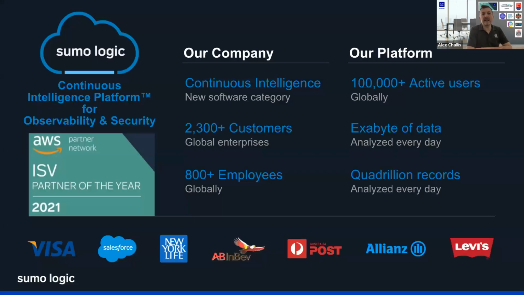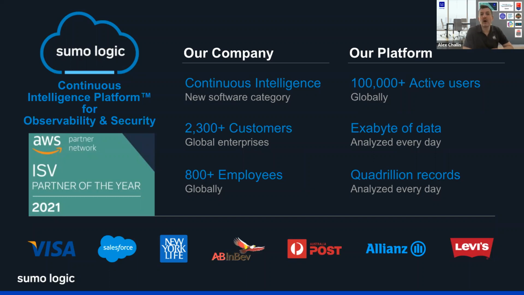So just very quickly, let me begin with a quick overview of who we are. We are Sumo Logic, and we've built a continuous intelligence platform for both observability and security. Our customers are analyzing an incredible exabyte of data every single day.